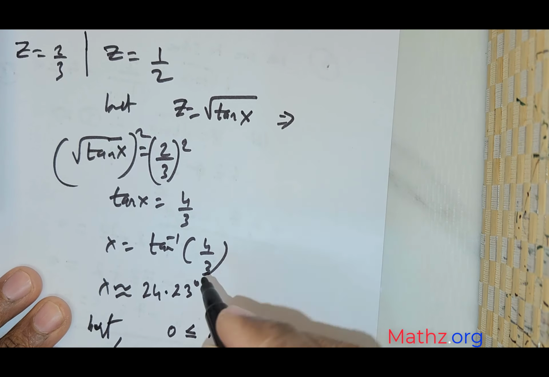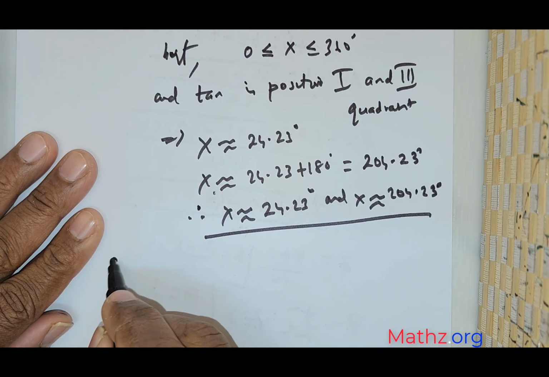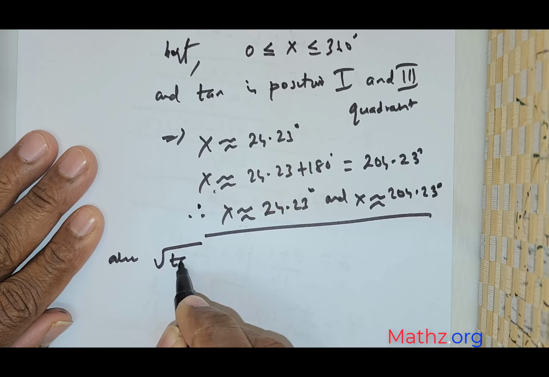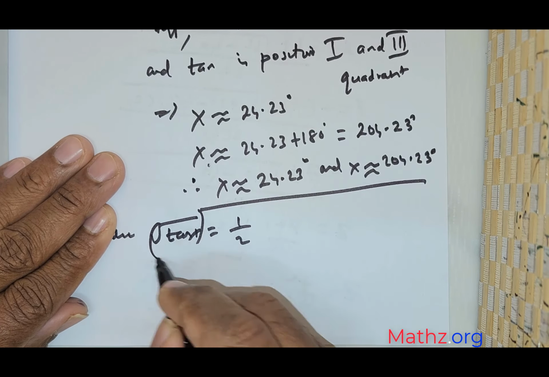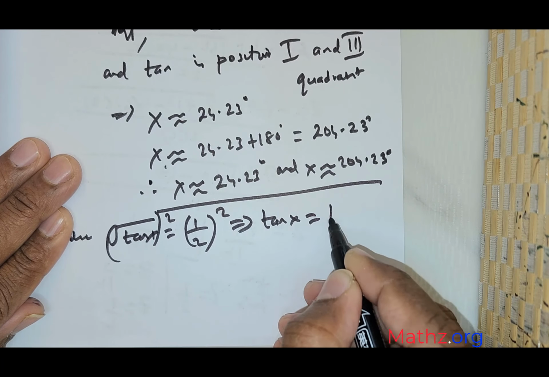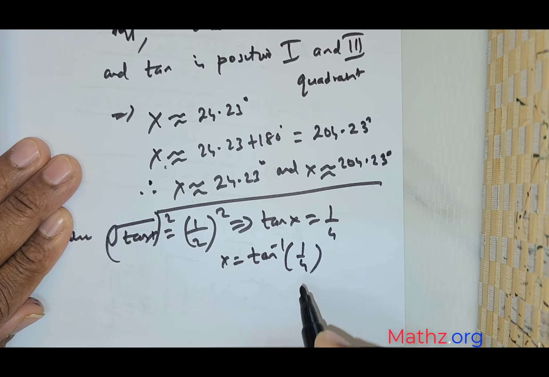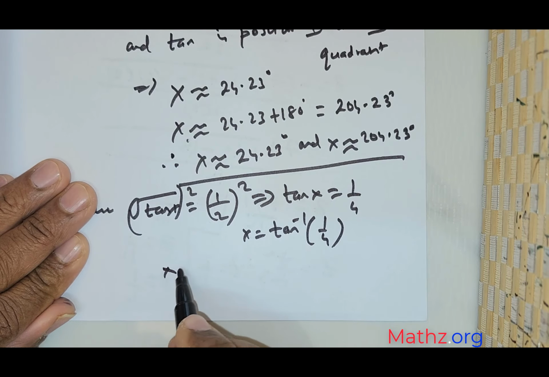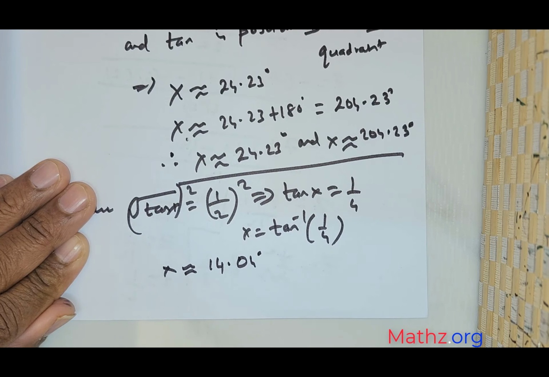Now there's another part we have to do for 1 over 2, right? Also root of tan x is equal to 1 over 2, so you square both sides. So this means tan x is 1 over 4, so x is tan inverse of 1 over 4. Now what is that? That would give a value of approximately 14.04 degrees.